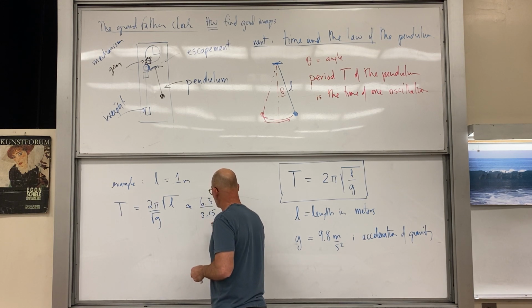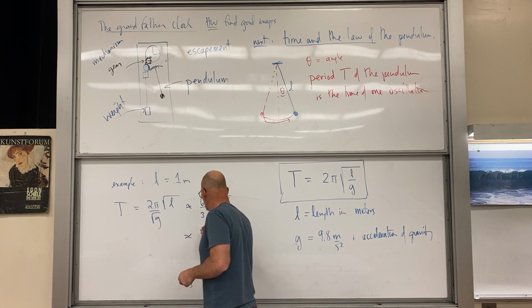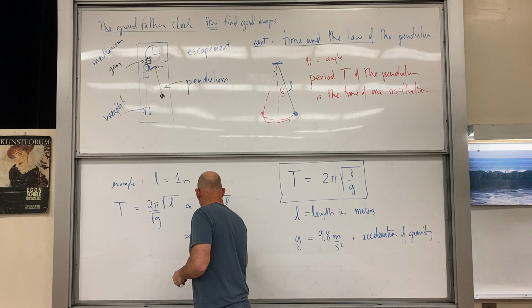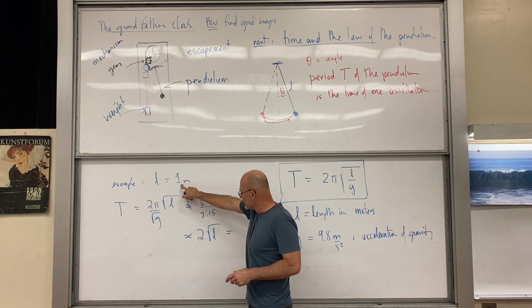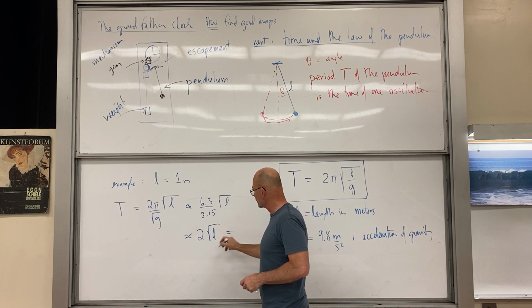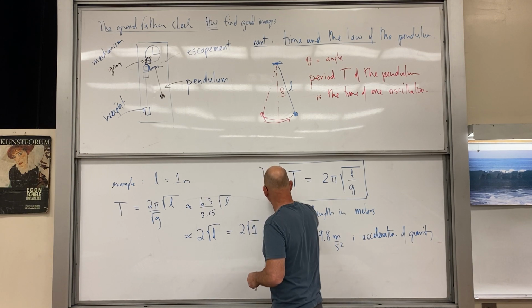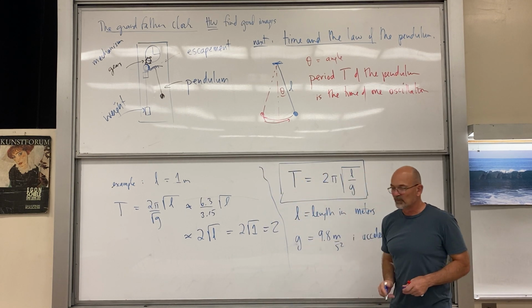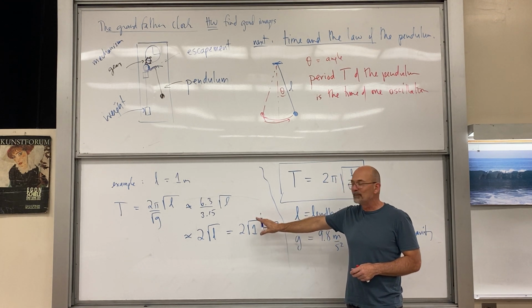Square root of L. So this approximation is pretty good. That's just about 2 times the square root of L. Now if I chose L equals 1 meter, 2 times the square root of 1 equals 2. Okay. So for a 1 meter pendulum, it's an approximate 2 second period.